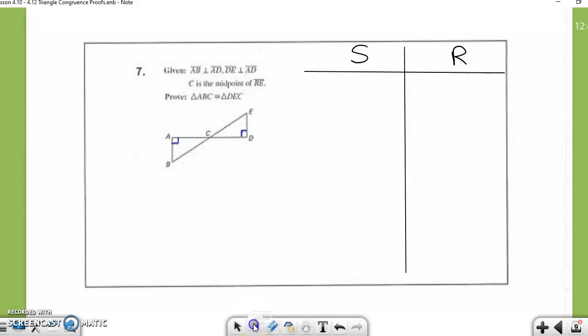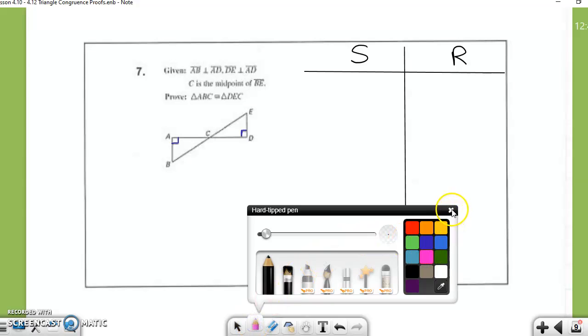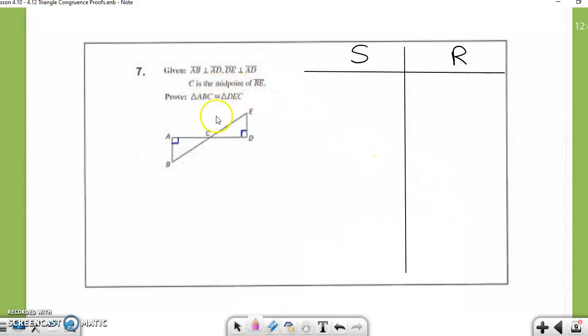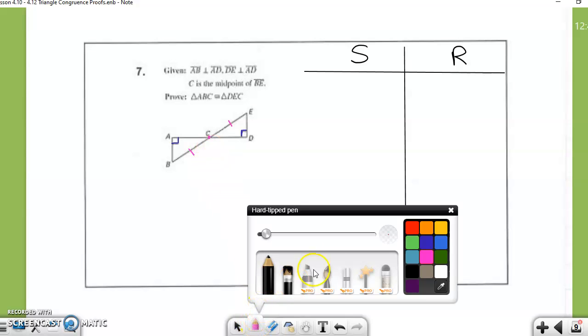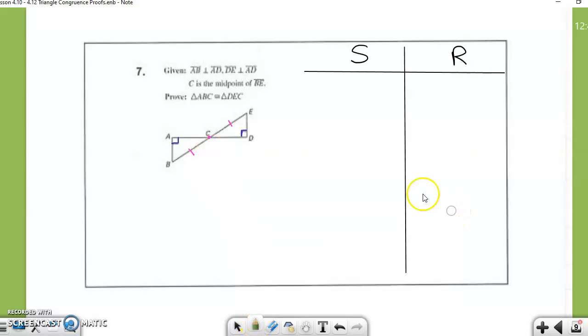All right. Now they've also told me here that C is the midpoint of BE. So there's C. It's the midpoint of BE, so that makes this and this congruent. Okay. So now what else can I add? I don't have enough yet to prove those triangles are congruent, which is what I'm trying to do, but I could add that I've got vertical angles there.